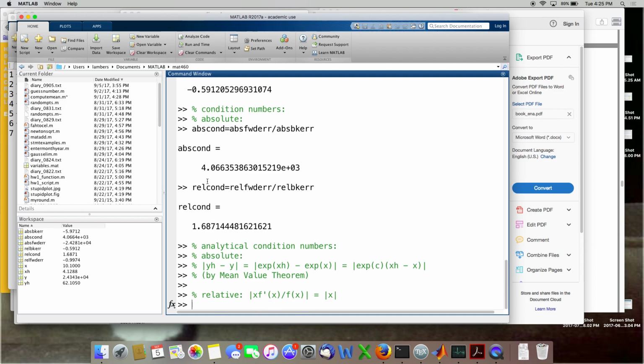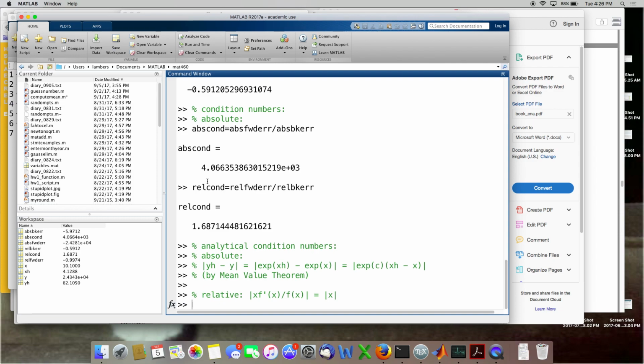So that's why the relative condition number isn't quite so large in this case. Okay. So we get an idea from examples like this, based on our assumption about backward error, that it's the exact solution of a perturbed problem, we get an idea as to what the condition number is, and so we can get a feel for whether a problem is ill-conditioned or not.